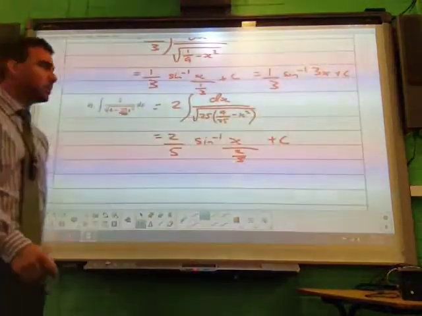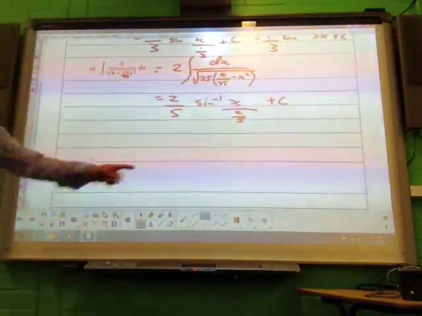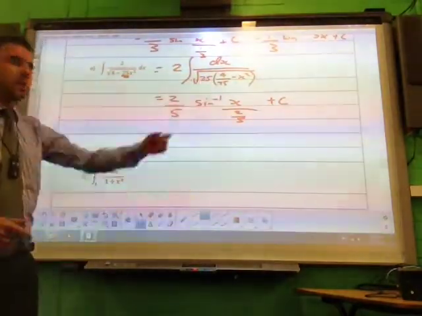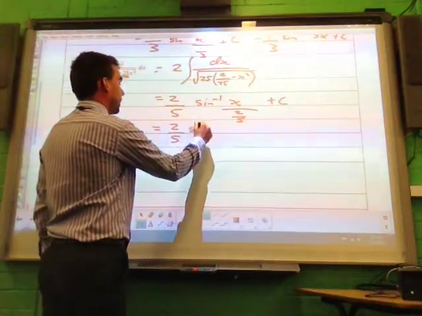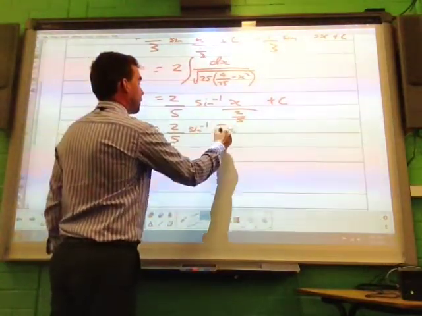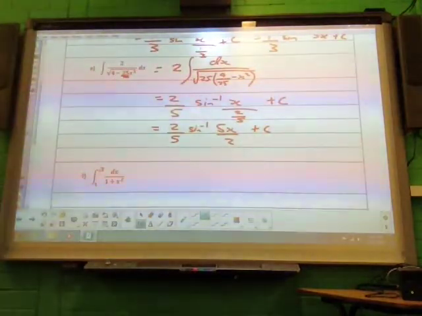Plus your constant of integration because it's an indefinite integral. Okay, so if you can do this in one step, just flip that fraction over. That's fine. So 2/5 sine inverse of 5x over 2 plus c. Okay, any questions? Are you following this?